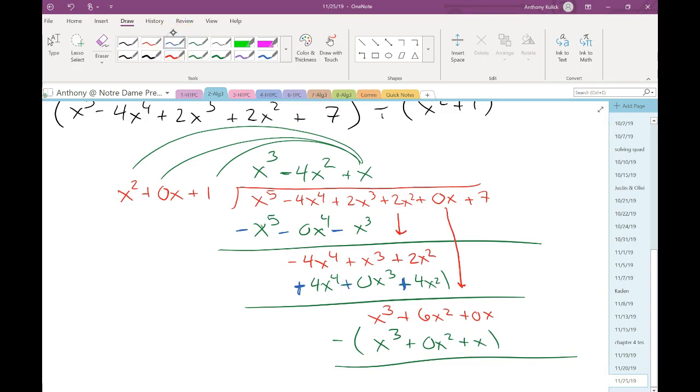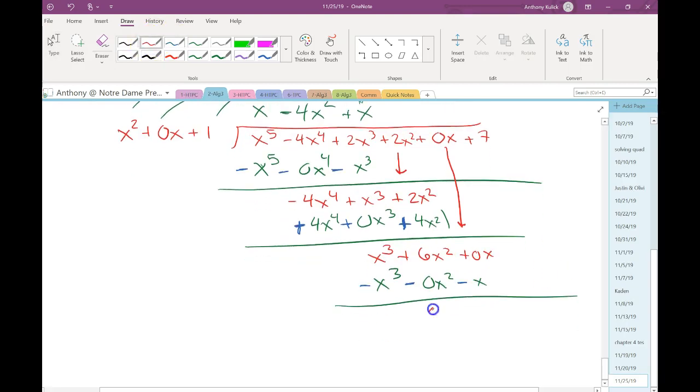To do that subtraction, let's distribute the negative. So each of those becomes negative. And when I add down, I get 6x squared minus x, and then plus 7.